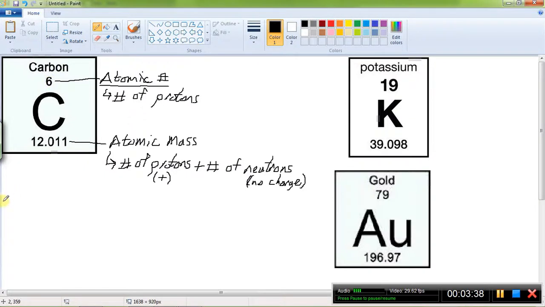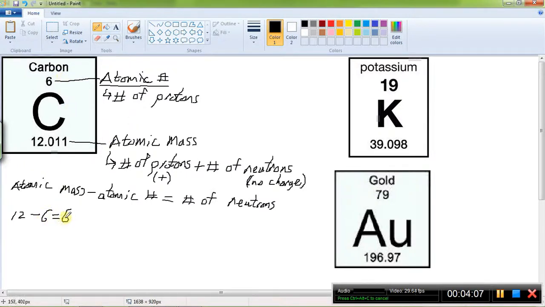To figure that out, you can always just remember: the atomic mass minus the atomic number equals the number of neutrons. So in carbon here, we'll just round this, so let's say the atomic mass is 12, minus the atomic number, which is 6, equals 6.